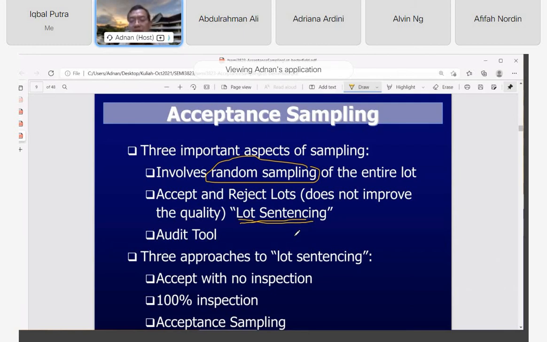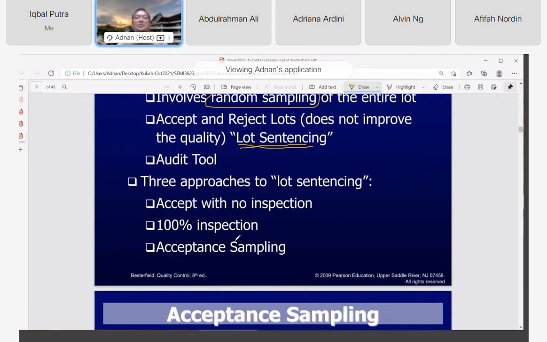After the cutting process finishes, you want to send it to the next department, maybe the assembly department. The assembly department may want to check that what you send is good, properly cut parts. So you can also use acceptance sampling for accepting what is delivered by the previous department. So internally in the company it can be used, and externally, receiving from suppliers, you can also use acceptance sampling.